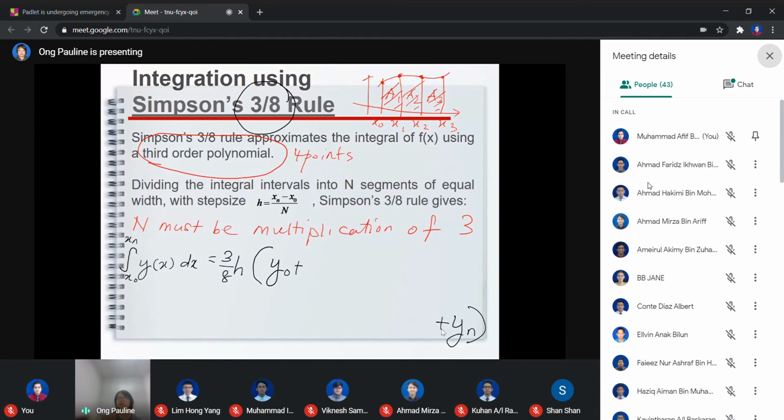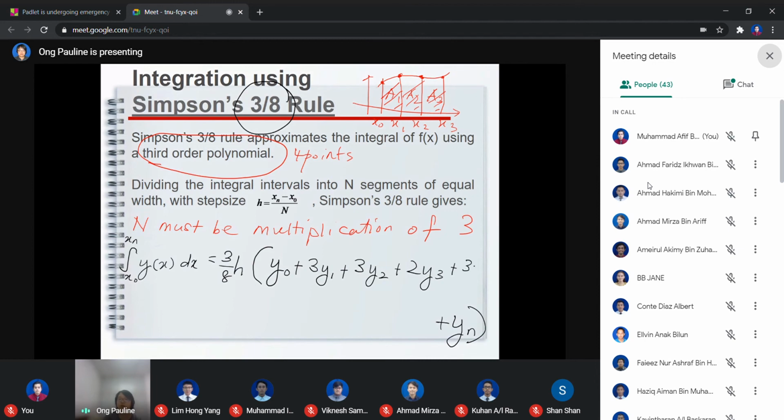For the Simpson's 1/3, for the intermediate values here, you have the pattern 4, 2, 4, 2, 4, 2 until you end up with 2, 4. Whereas for the Simpson's 3/8, the pattern will be 3, 3, 2. So you shall have 3y1, 3y2, 2y3, then 3, 3, 2.